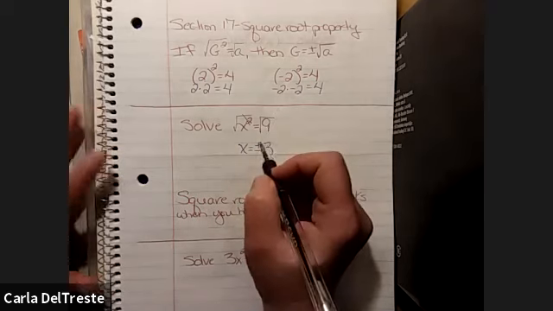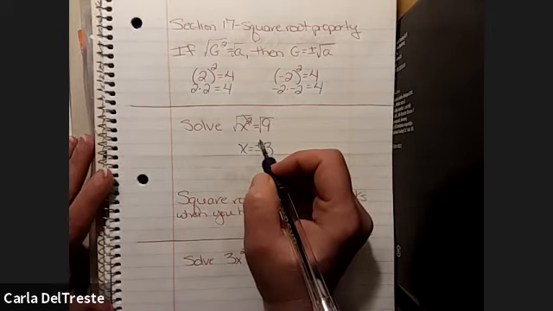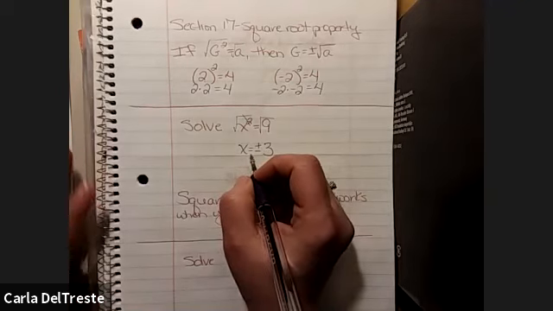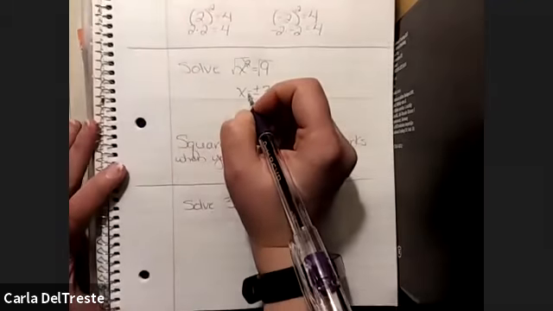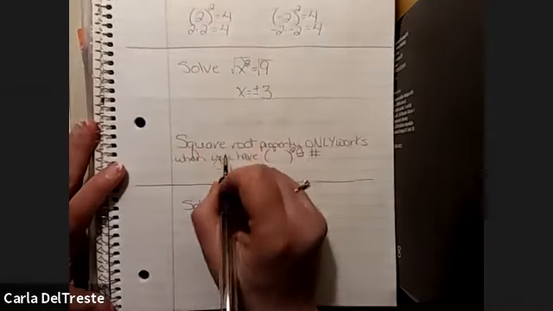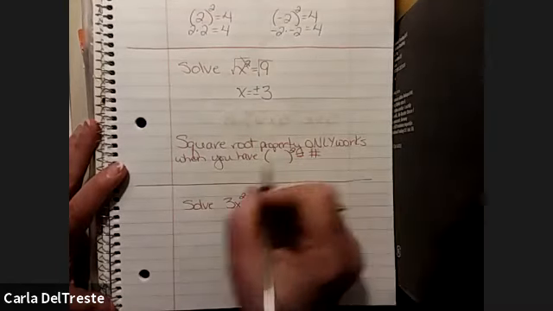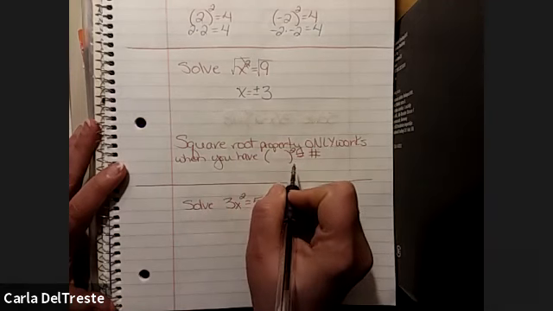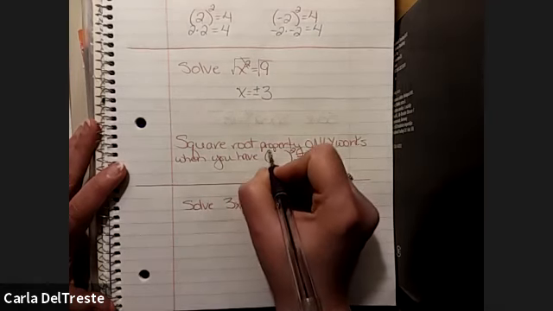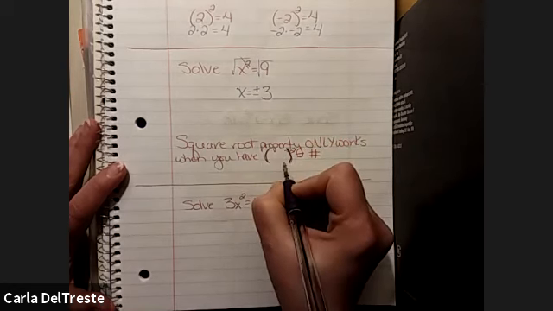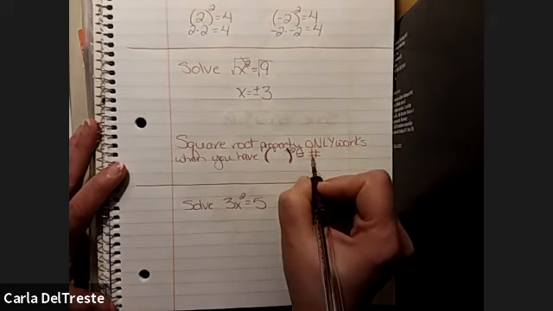So this gets to the heart of the square root property. But there's something very important you have to keep in mind if you're going to use this technique. The square root property only works when you have something squared equals a number, and it has to look just like this: some quantity, some expression squared equals a number.